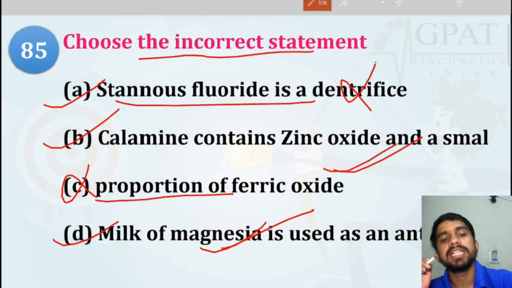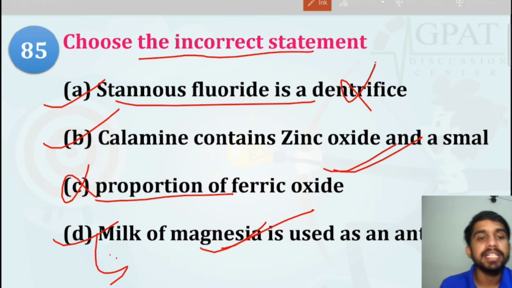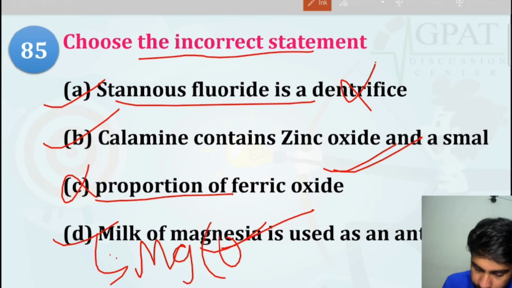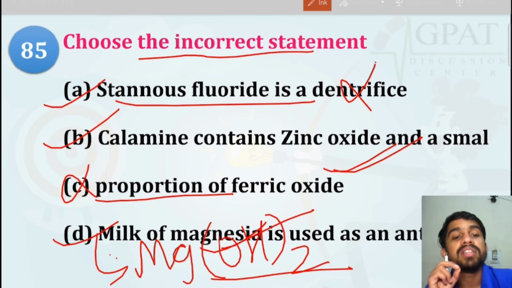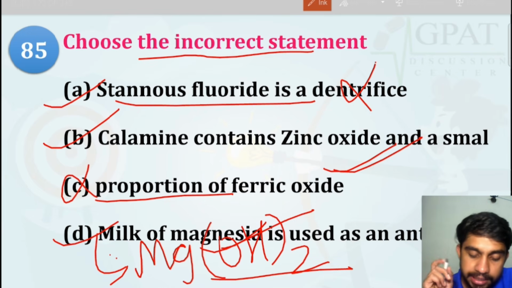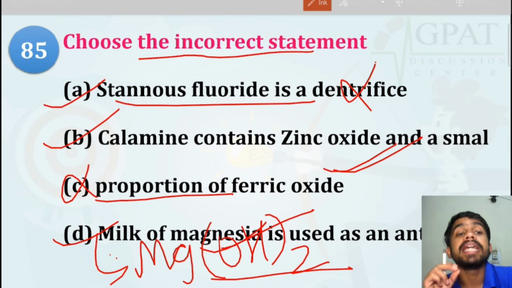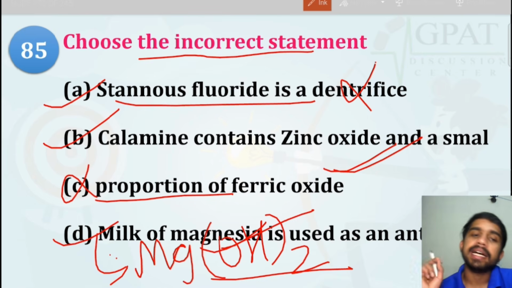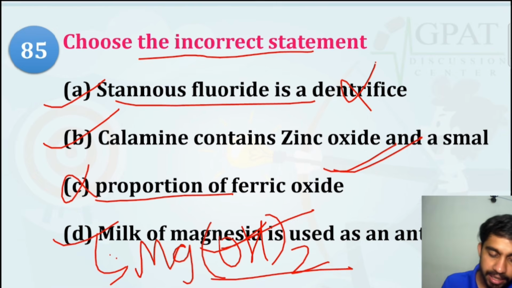Yes, milk of magnesia is used as an antacid. And what is the formula of this milk of magnesia? That is Mg(OH)2. This is the formula of this milk of magnesia. This is very, very important. Stannous fluoride is not used as dentifrice. It is used as an anti-caries agent, and it can be used to prevent the caries. Okay, so the correct answer for this question will be your option number A.